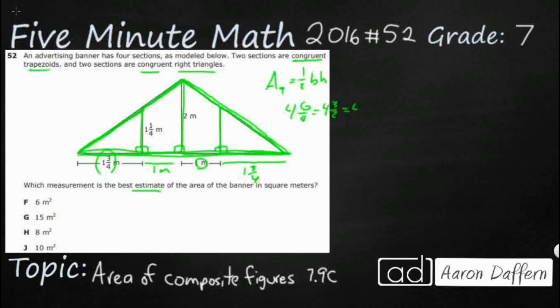So 3/2 is really just 1 1/2. 4 plus 1 1/2, so that's 5 1/2, or 5.5. So that's quite a bit of work there, but this whole thing, I'm just going to put a decimal there, 5.5. 5 1/2 or 5.5, and that's the height.